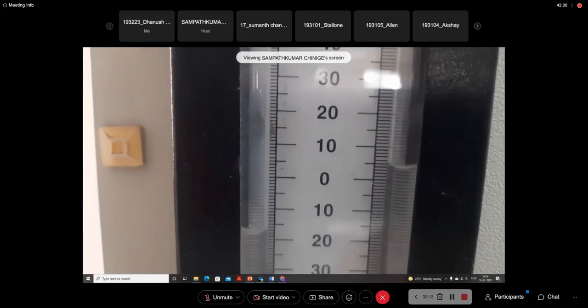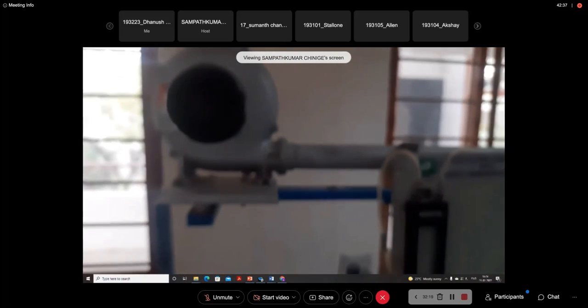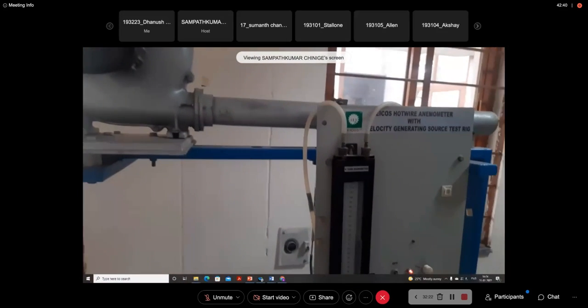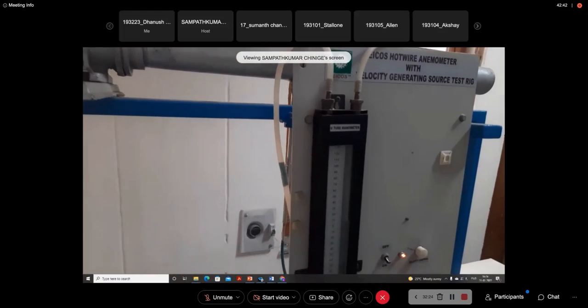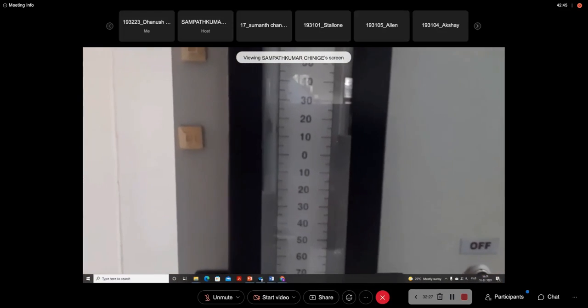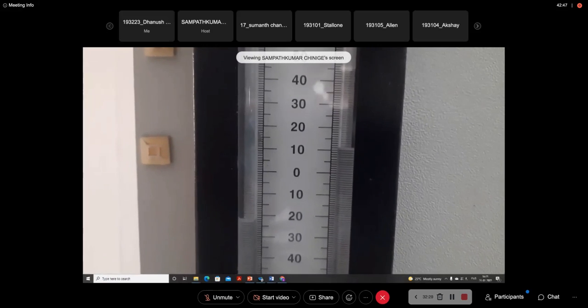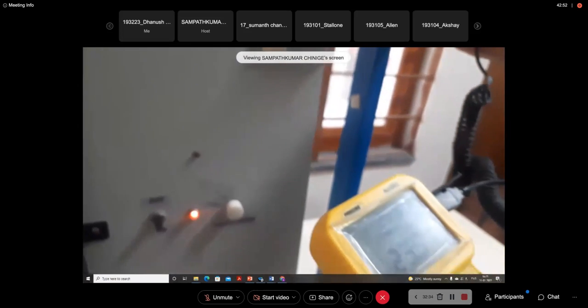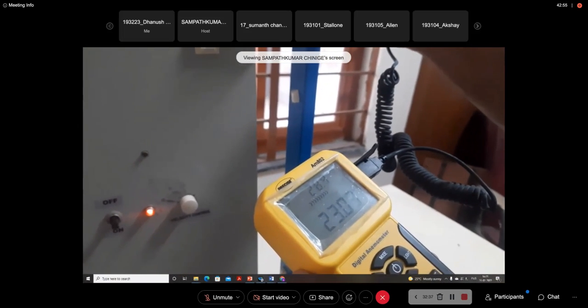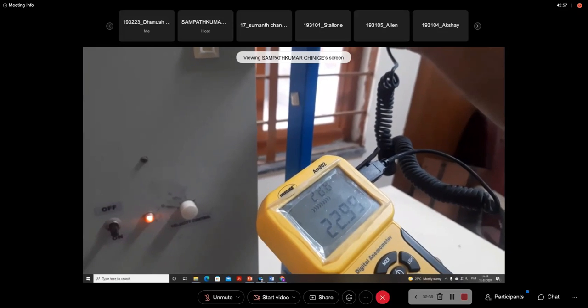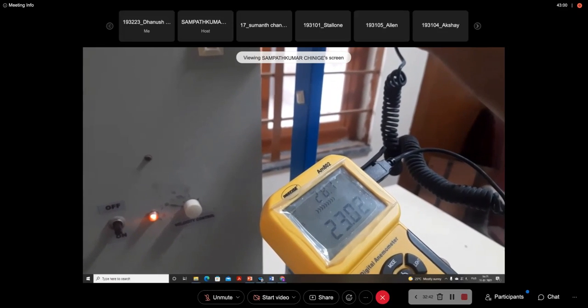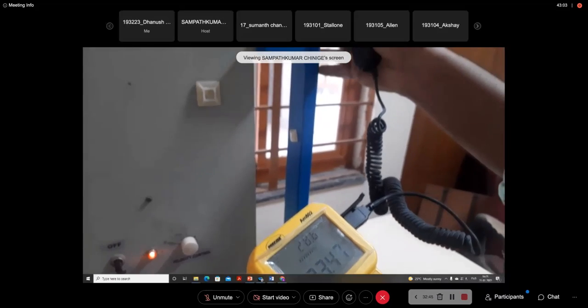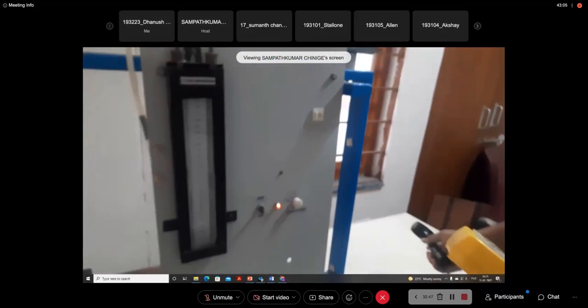Now we are going to increase the flow rate. You can see that the deflection increases. Now it is reading somewhere around 23.5.